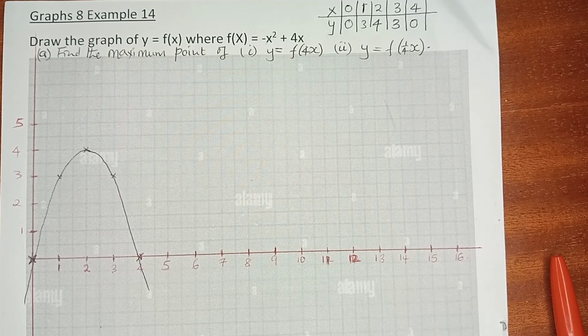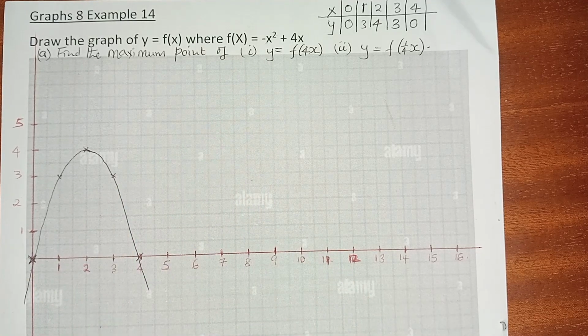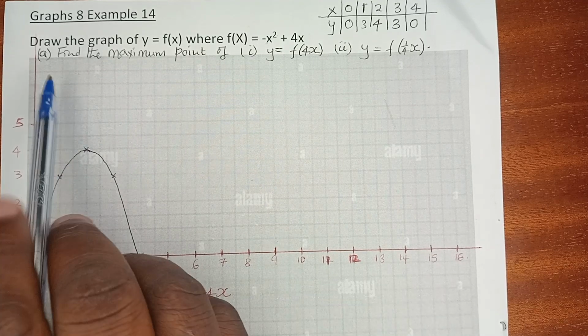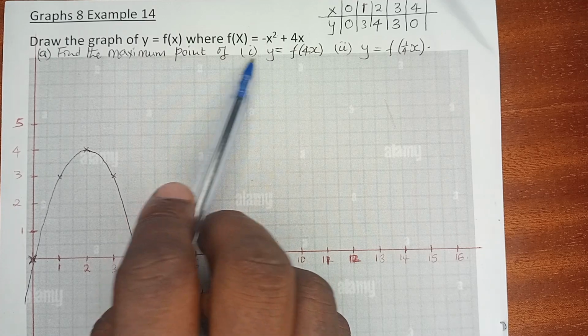That is what we are instructed to do: draw the graph of y equals f(x), where f(x) is negative x squared plus 4x. Now the question comes: find the maximum point of the graph of y equals f(4x).